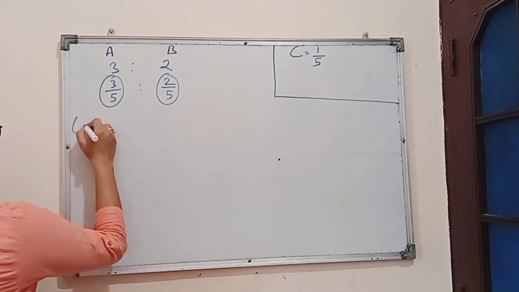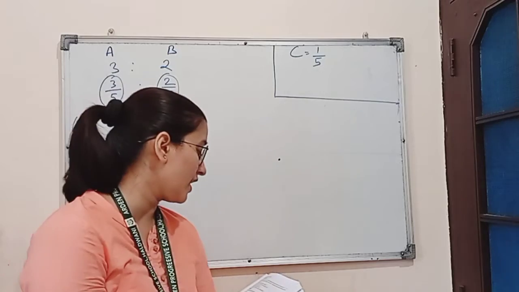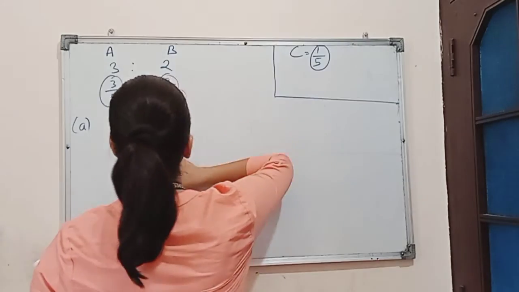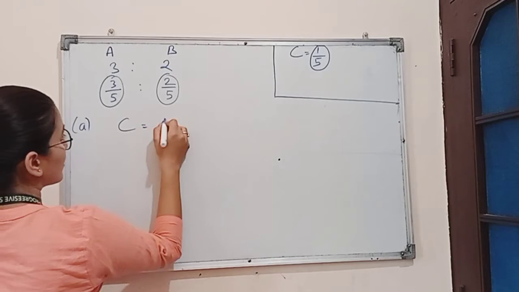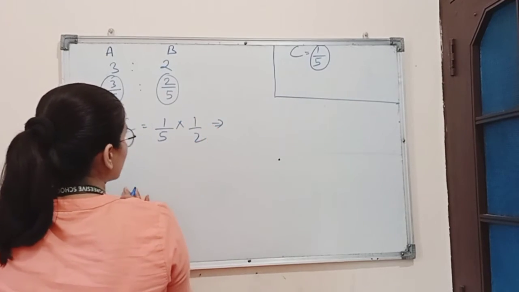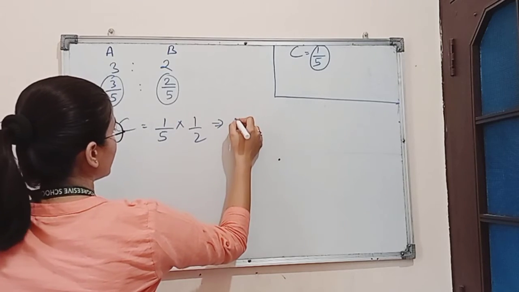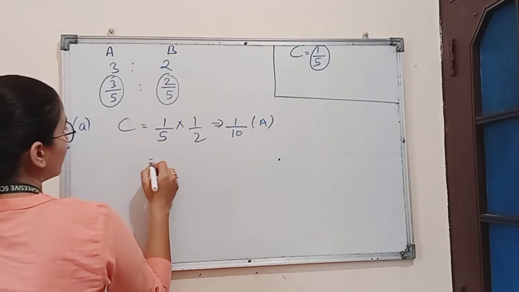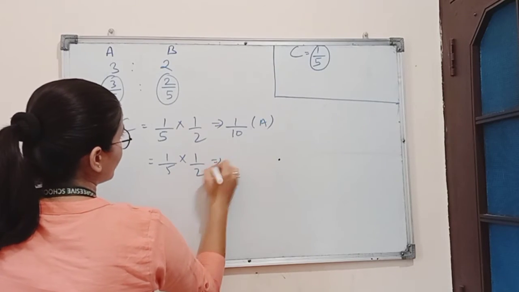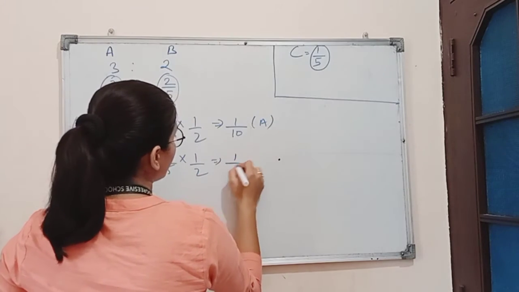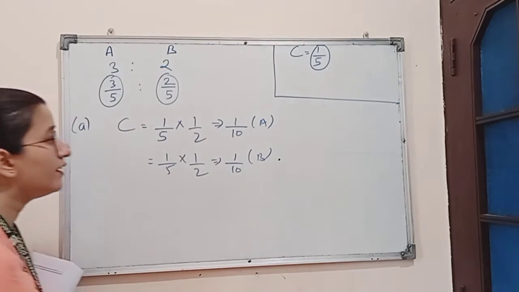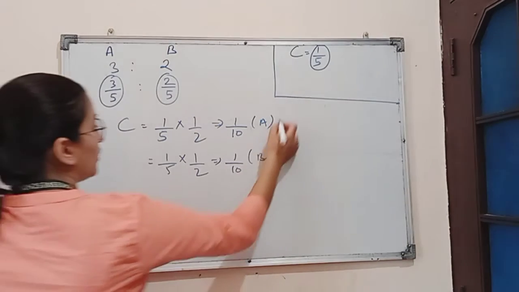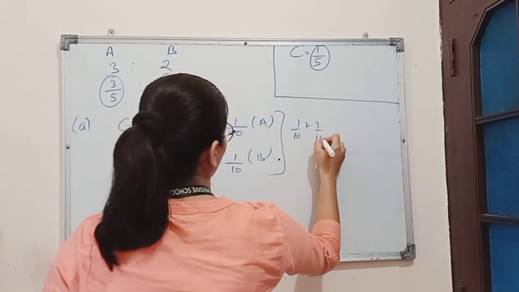Now, the first case is C gets this share equally from A and B. So, C is getting 1/5 share equally from A and B, which means half of C's share will be acquired from A, that is 1 by 10th share is acquired by C from A, then half of this share has been acquired by C from B. So 1 upon 10th share has been acquired from A and the same amount of share has been acquired from B. So the total of this share will be 1 by 10 plus 1 by 10, which is 2 by 10.